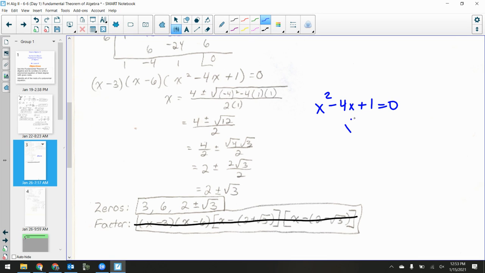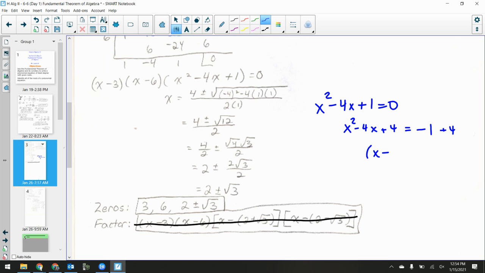You subtract a 1. Hold on a second. You subtract a 1, and then you find -4 divided by 2 is -2, squared is +4.